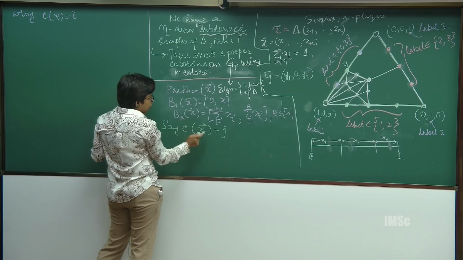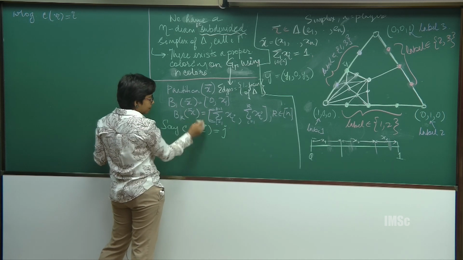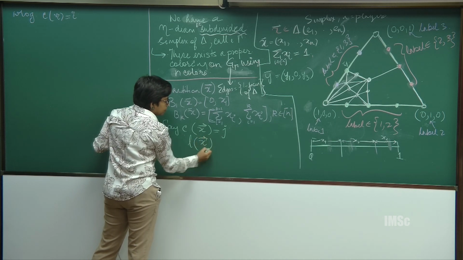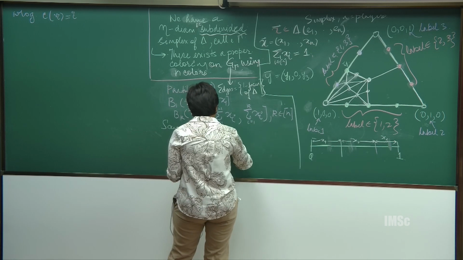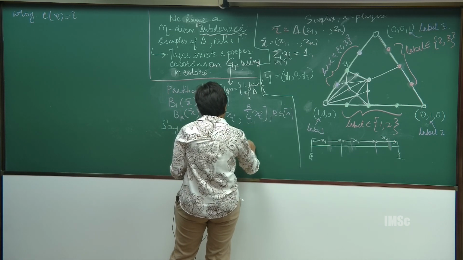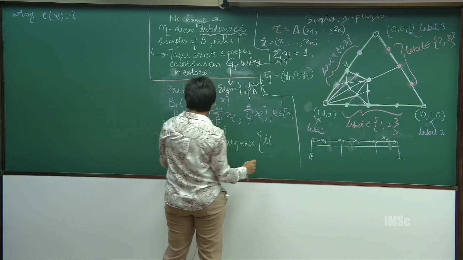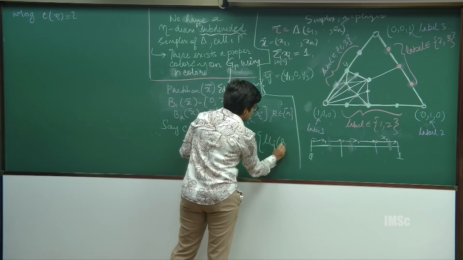Now I am going to do this labeling as I have done it this way, but I am going to label this vertex as the argmax of, I will explain what this is.